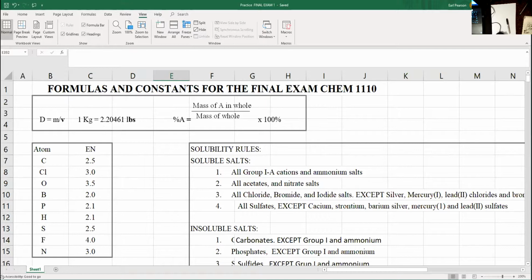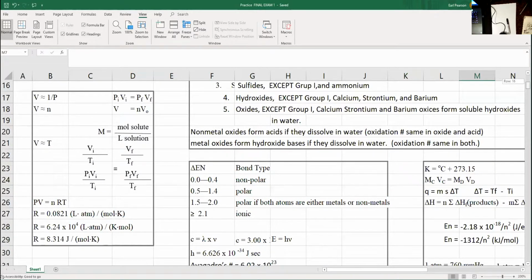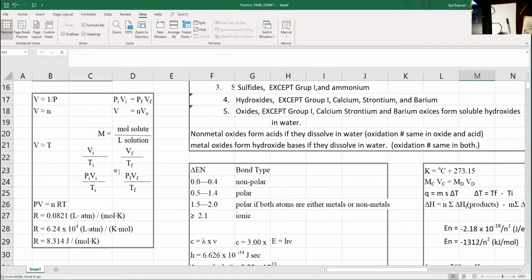There's the conversion from kilograms to pounds. There's the way you calculate percentages. Here are atoms with electronegativities. Here are the solubility rules that I had you memorize. Then there are some formulas over here that have to do with gas laws.